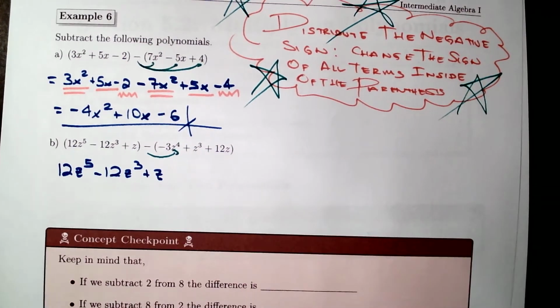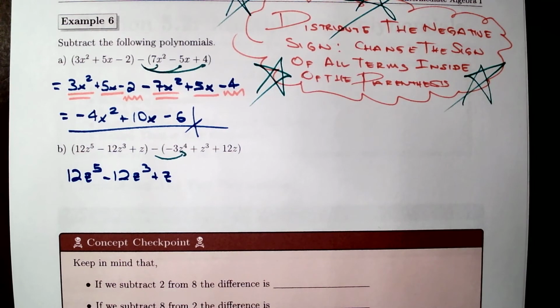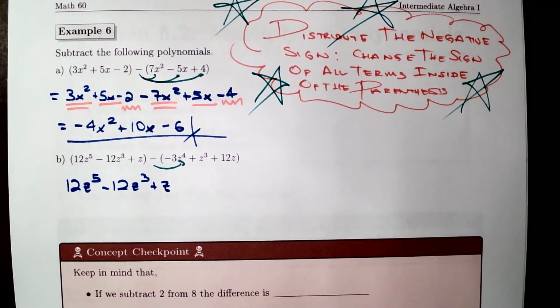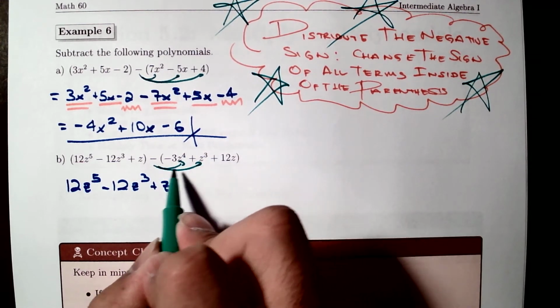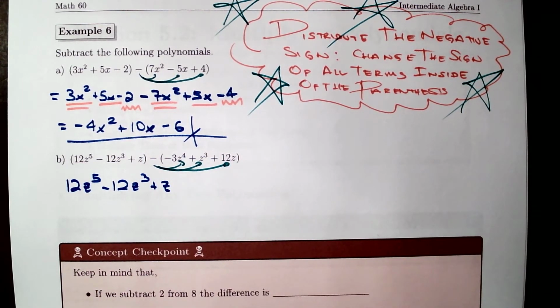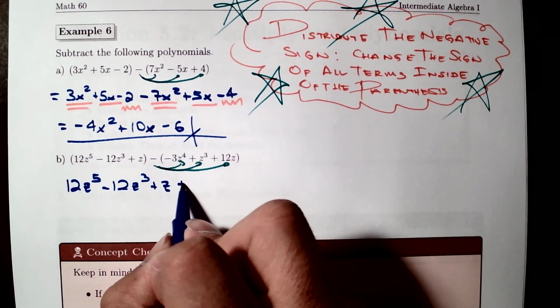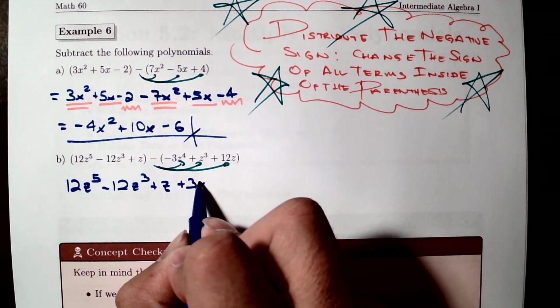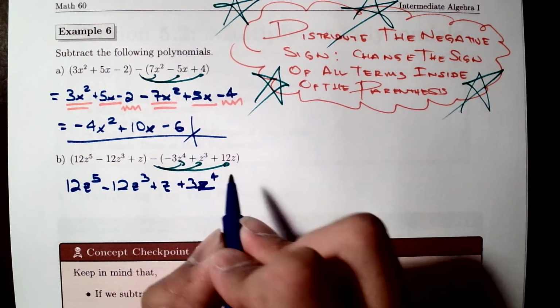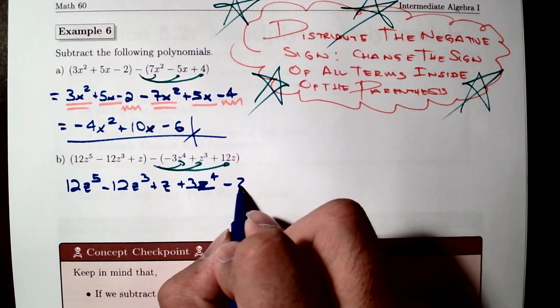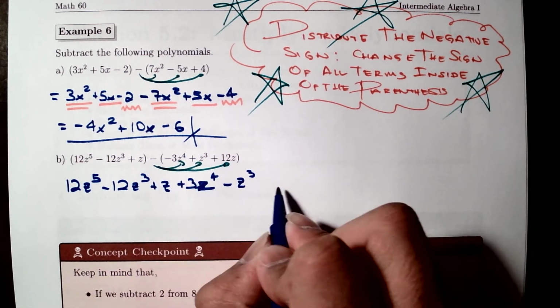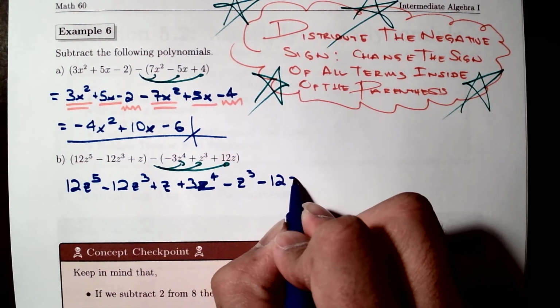That's going to make us change the signs of all terms inside of the parentheses. So this negative becomes a positive 3z to the fourth power, and then this positive becomes a negative, and this positive becomes also negative.